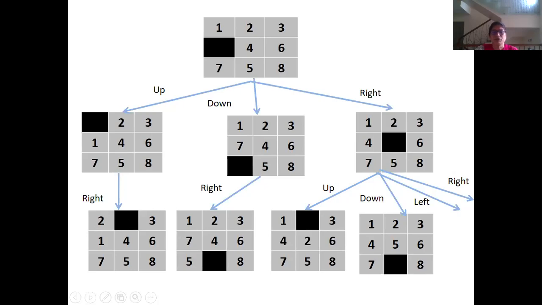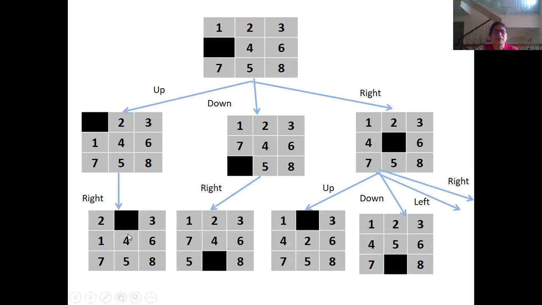So moving to the next level, if you look at this state, right now this black square can move either to the right side or it can move down. If you move it down, it will reach back to its parent state, which we don't want. So only one move will be allowed, and that move will be the right move. There is no place to move upward, and no place to move on the left side.